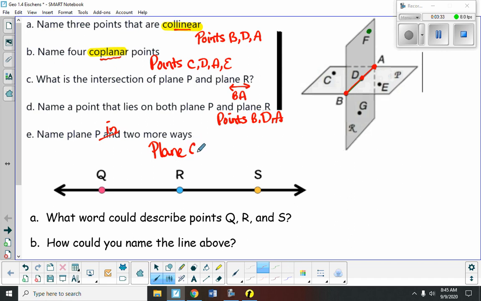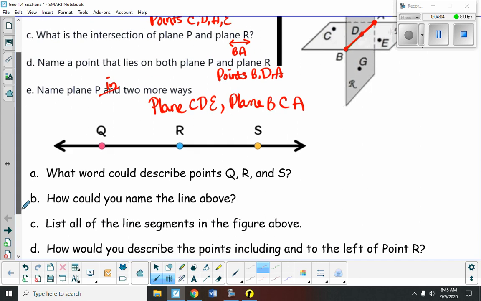So plane C, D, E, or we could say plane B, C, A. Just any 3 letters that are on plane P. We would not want to say plane BDA, because that would not necessarily mean plane P, because BDA also has plane R going through it. So we definitely have to pick points that are not on a line when we name the plane.